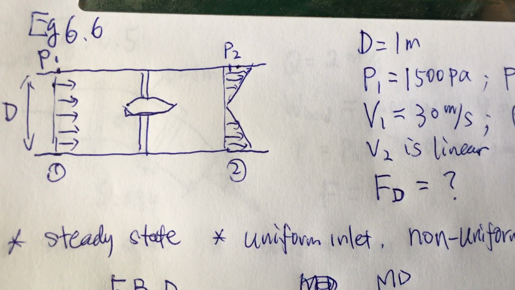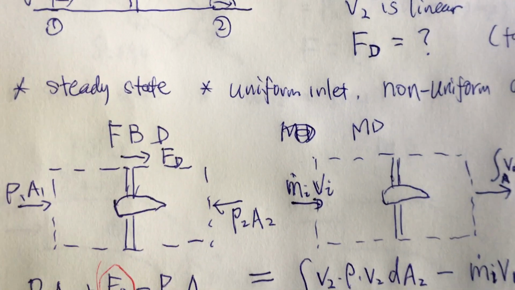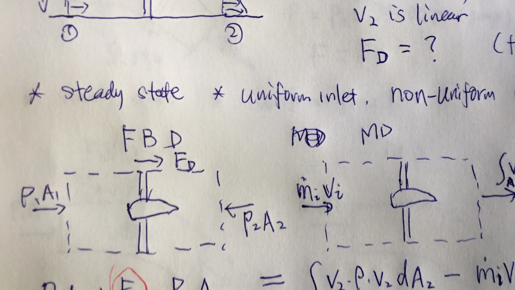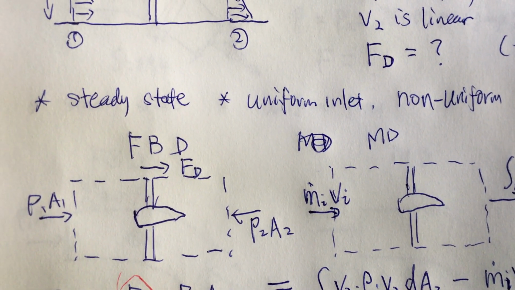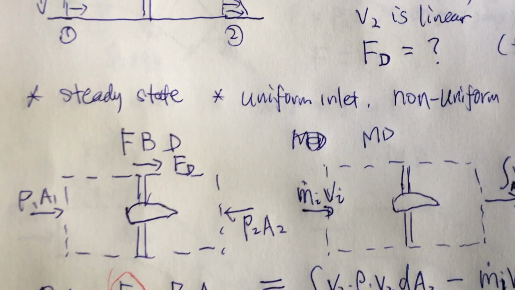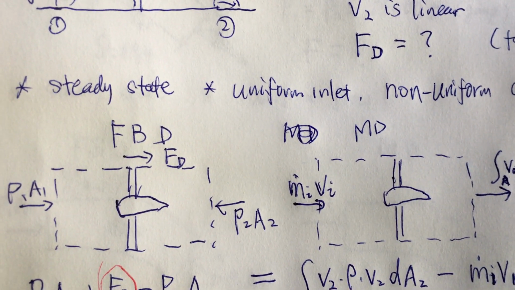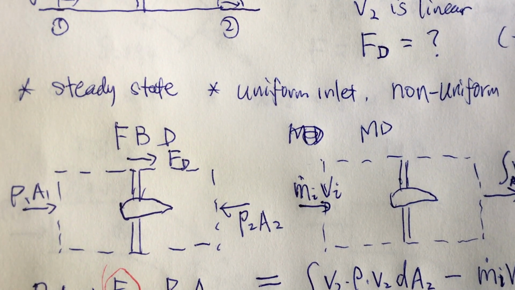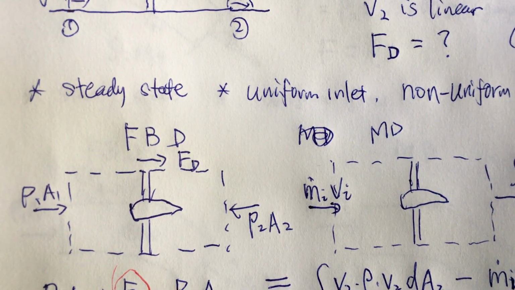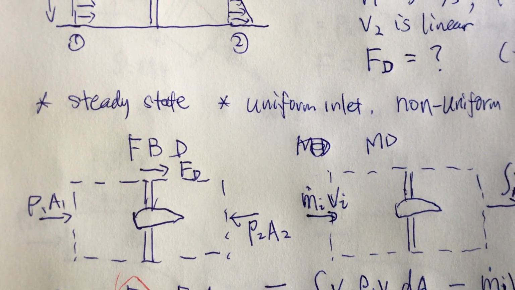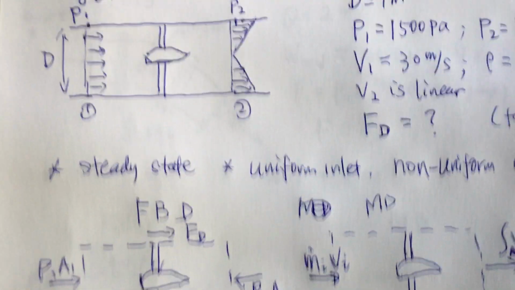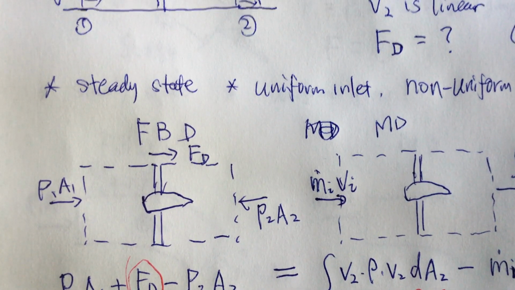So let's see if we can draw a free body diagram and a momentum diagram. Notice this: for a free body diagram in fluid mechanics, most of the time our object is the control volume. It's not just the airfoil, right? It's the control volume, which is a portion of the wind tunnel.